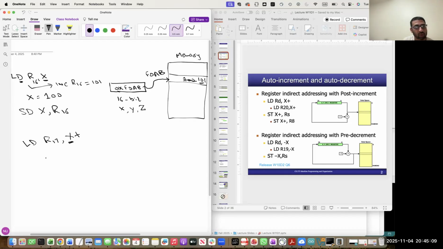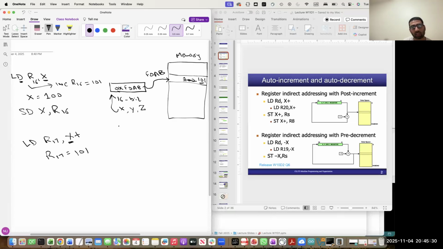So after the execution of this instruction, I will have the value 101 in R17. However, as part of this instruction's execution, one extra thing will happen, which is that X will be incremented. This is register X, so its value will be incremented.